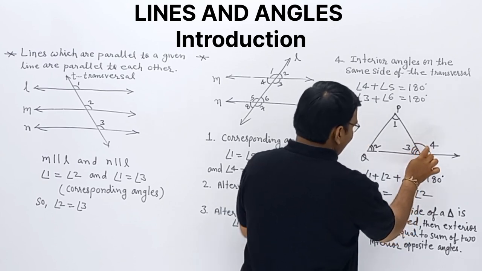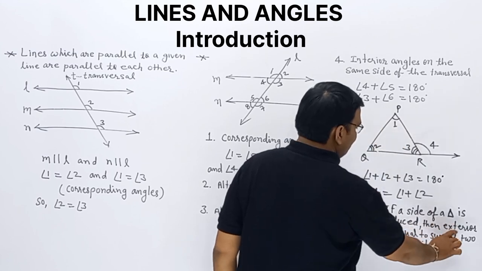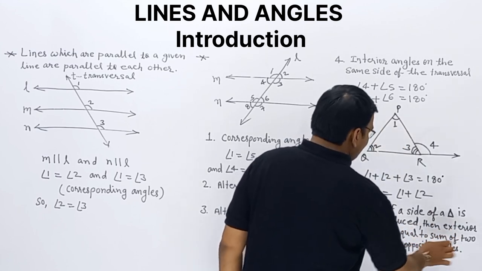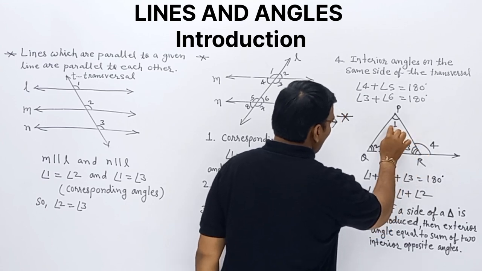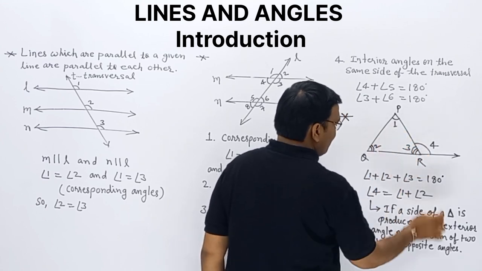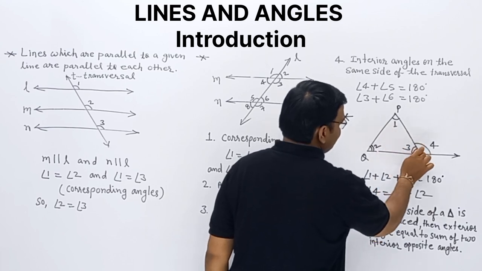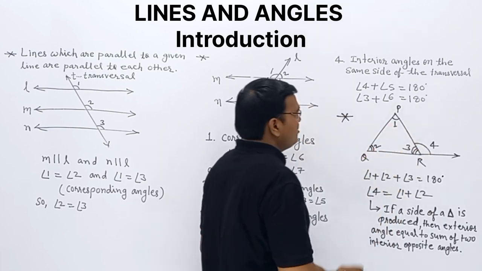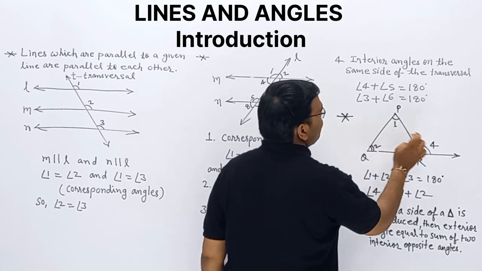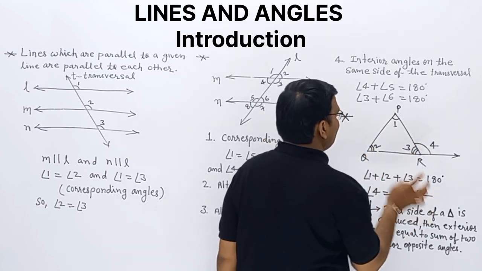So this exterior angle will be equal to the sum of the two interior opposite angles. For this angle, the interior opposite angles are these two, and the sum of both angles will be equal to this one. So we can say angle 4 equals angle 1 plus angle 2.